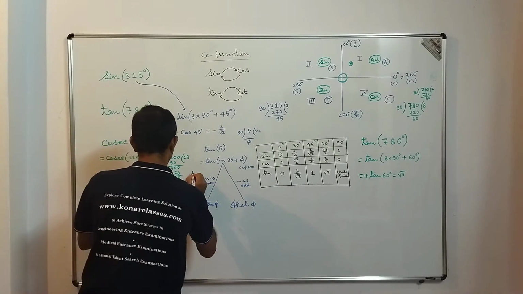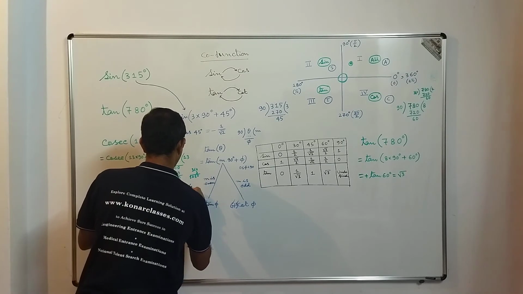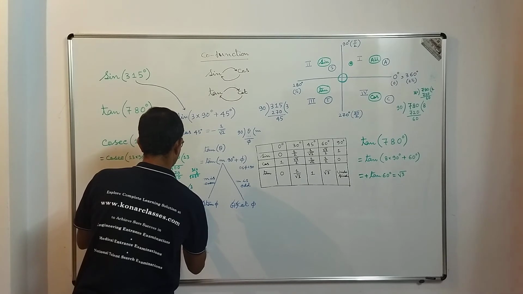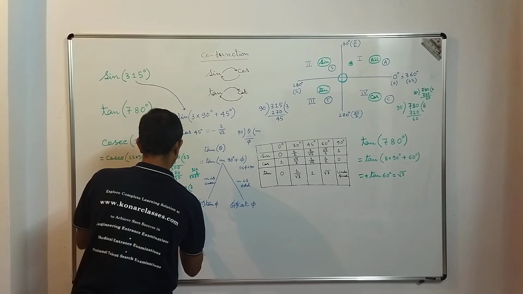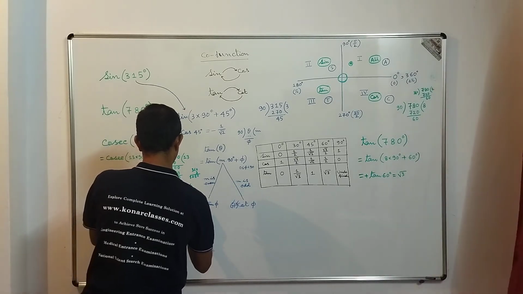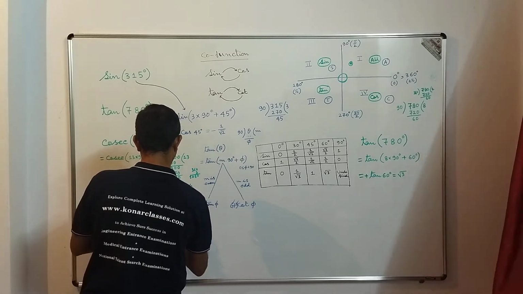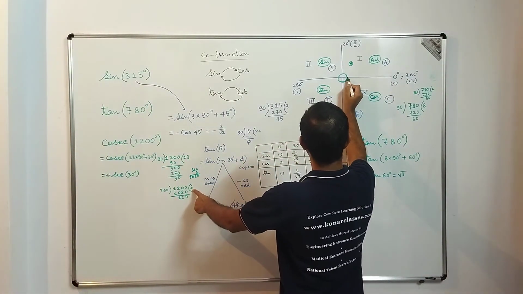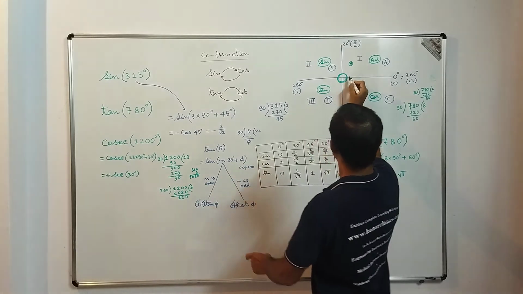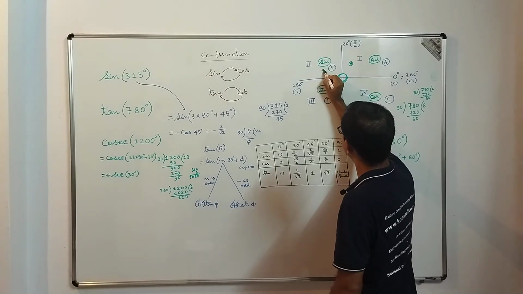It is 360 into 3, that is 1080, and the remainder is 120. So 3 times 360, you come here, 1, 2, 3, and after that you go to 120. 120 means it is in the second quadrant.